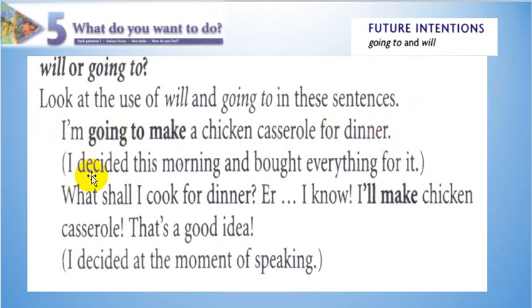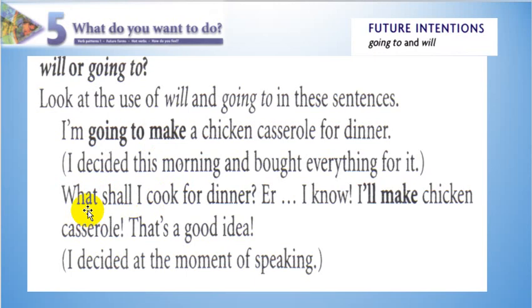I decided this morning and bought everything for it. إذا عندما أستخدم going to قلنا هو future decision made before the moment of speaking. أني صرحت إني سأعمل chicken casserole for dinner or for lunch whatever. فأنا مقررة منذ الصباح وحضرت المكونات, فهي خطة a plan, a future decision قبل لحظة الحديث.